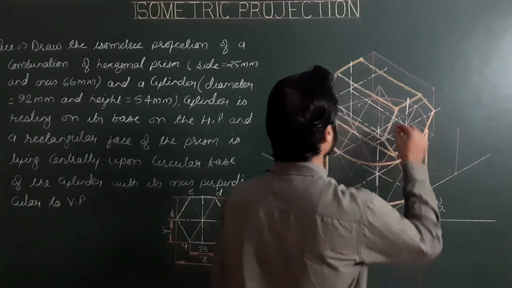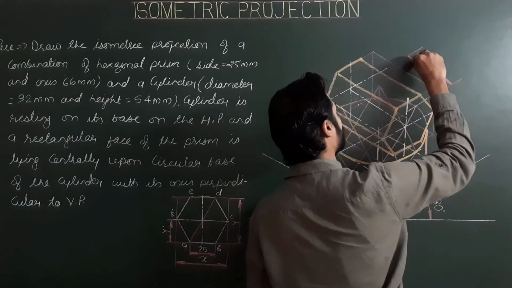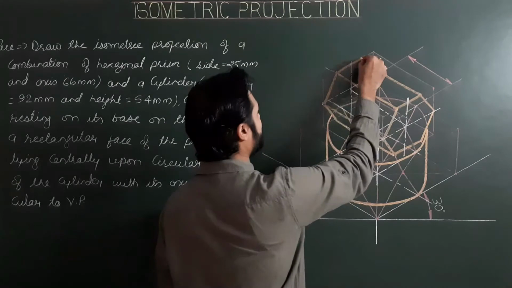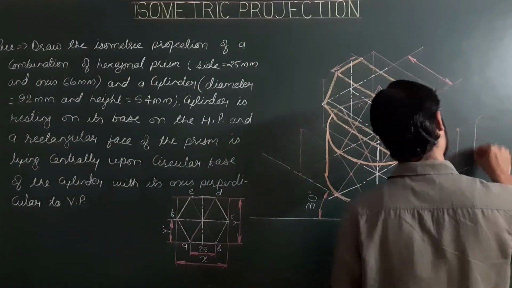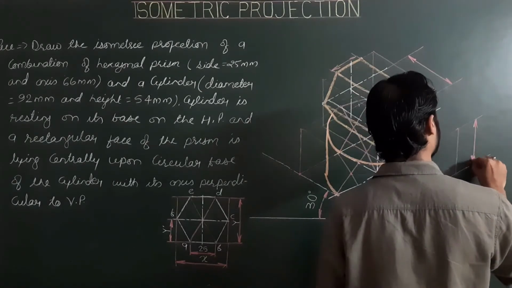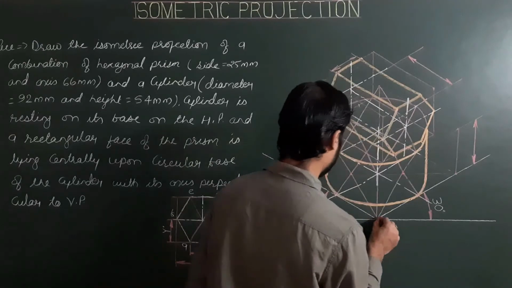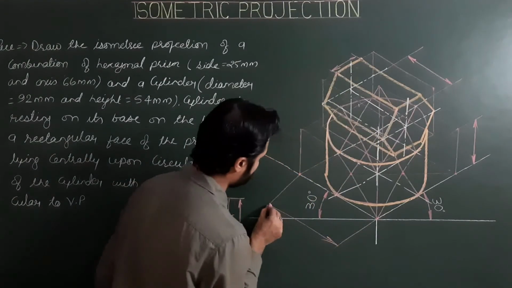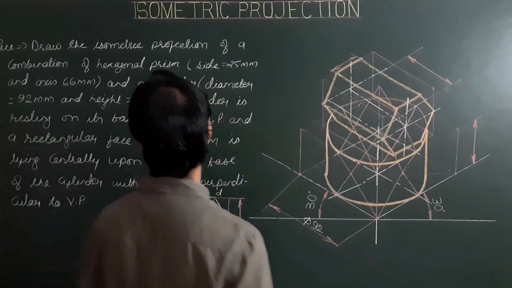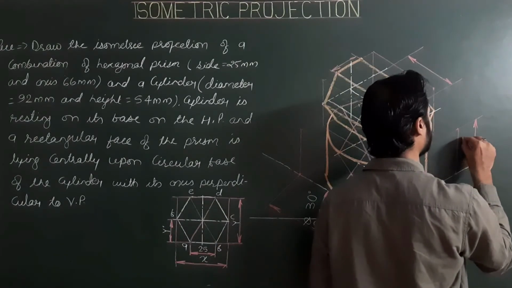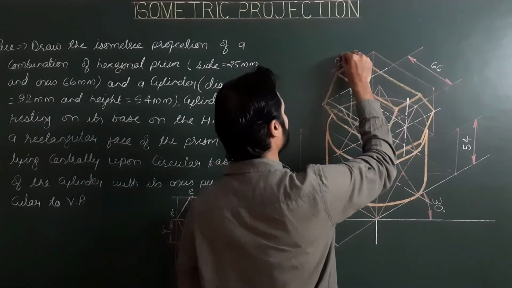Dimensioning here: generator or axis for the prism, side of hexagon, height of the cylinder or circular slab, and diameter of the cylinder, diameter 92, height 54, axis 66, and side 25.